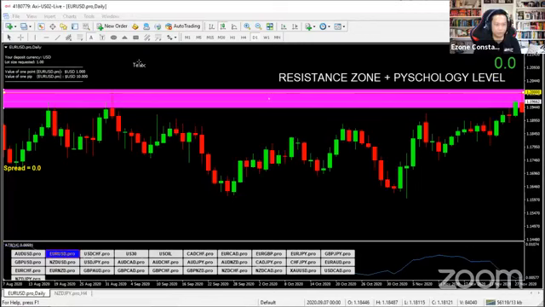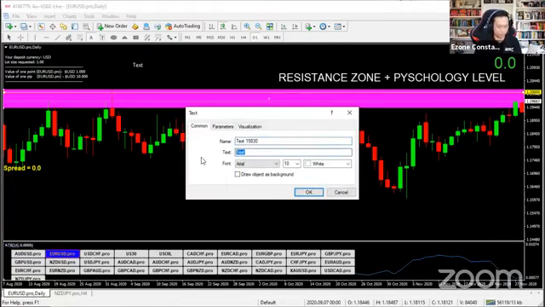Okay, confluence. Some of you learn new words, eh? Confluence. Or this is an area where there's a coincidence. Coincides, right? And then dalam bahasa Melayu ini yang kita sebut sebagai titik kawasan pertindihan.